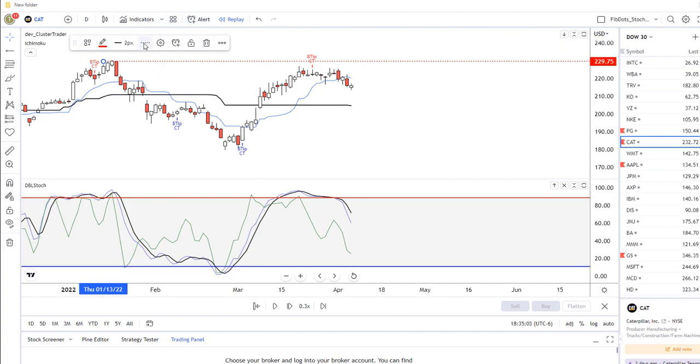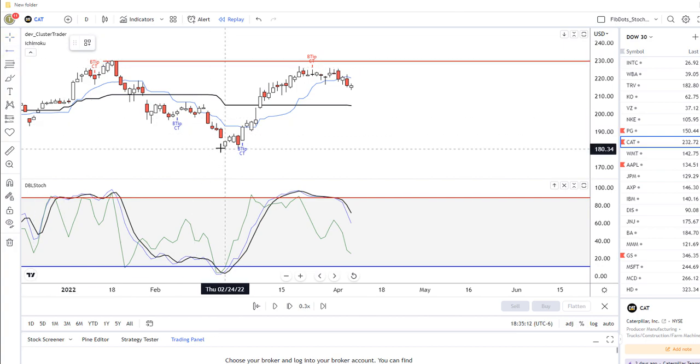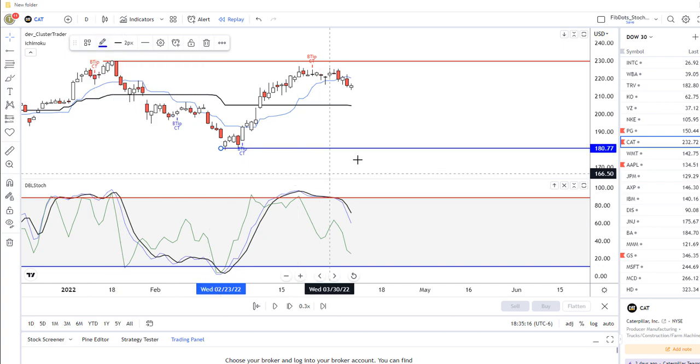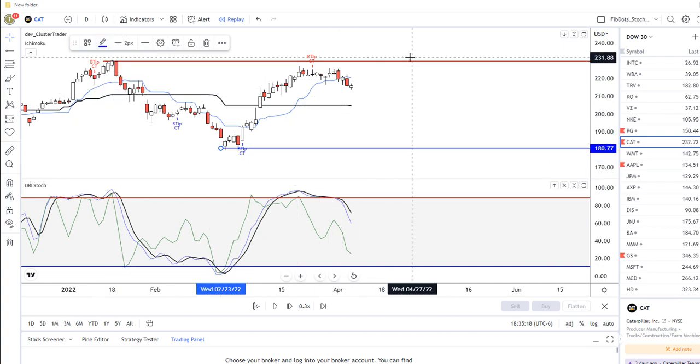And I would encourage you to use the same type of line. So resistance for me will either be red or black. Support for me will either be blue or green. Okay, so we'll take this guy, we'll make it blue, and you can make a little tweak so you quickly and easily know.